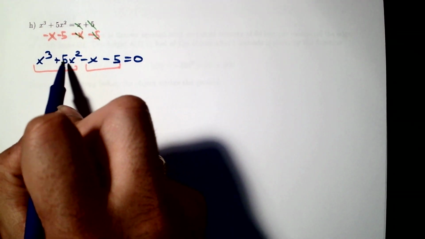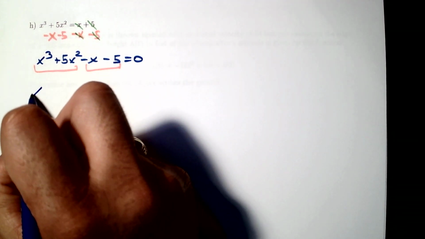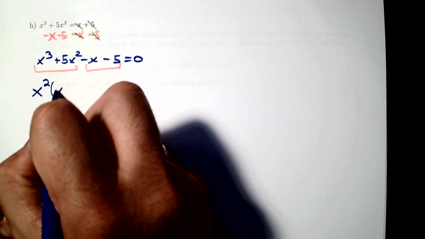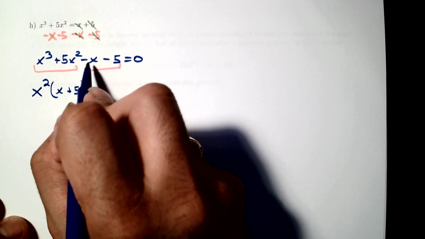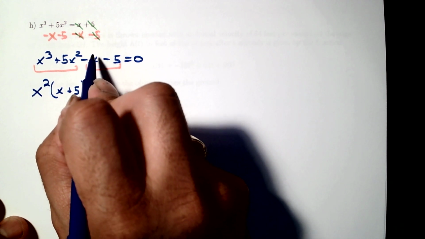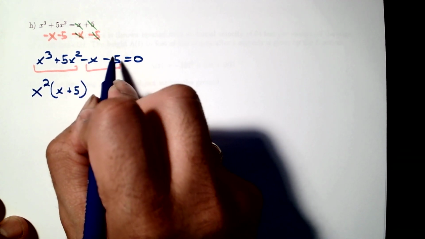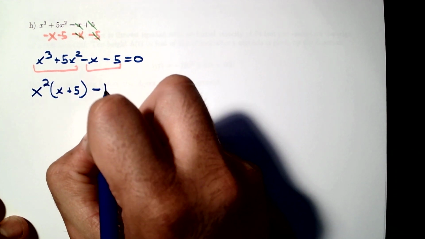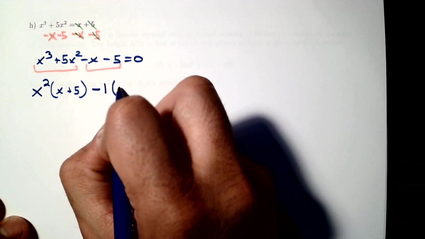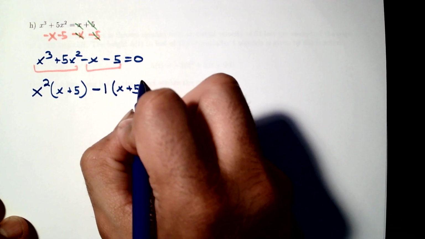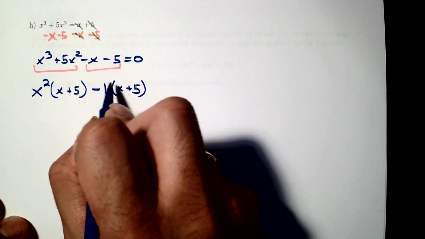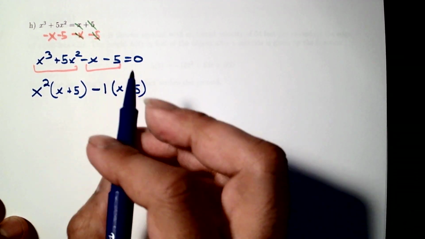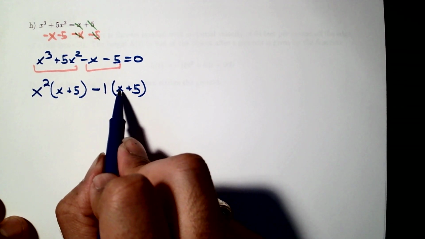On the first group, the lowest power of x that I can factor out is x squared. And in the second group, notice the only thing they have in common is the negative sign. I'm going to factor out the negative 1, x plus 5. Negative 1 times x. Notice I'm writing it in this format so you can see the x plus 5 and x plus 5 in this format.